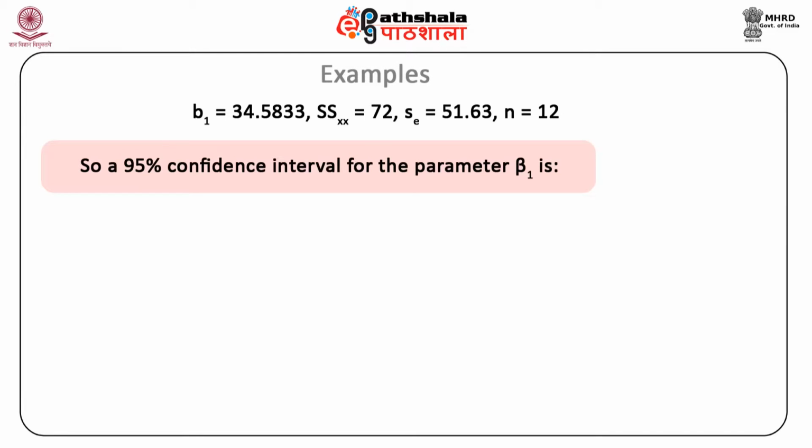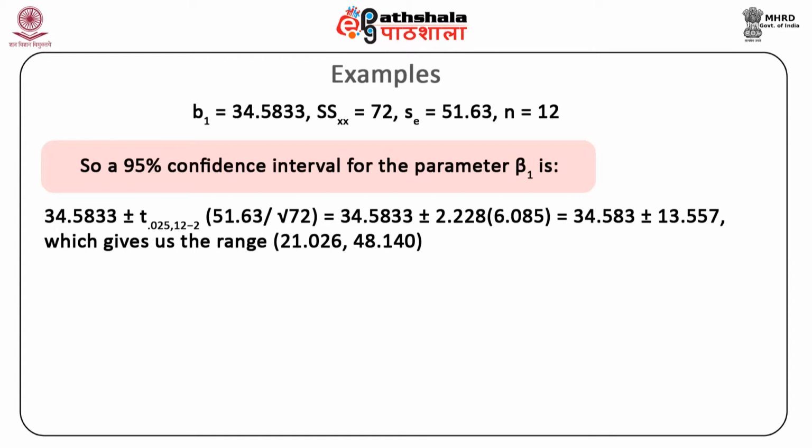So a 95% confidence interval for the parameter beta 1 can be written as 34.5833 plus minus t 0.025, 12 minus 2 into 51.63 divided by under root of 72. On simplification, this is equal to 34.5833 plus minus 2.228 into 6.085.